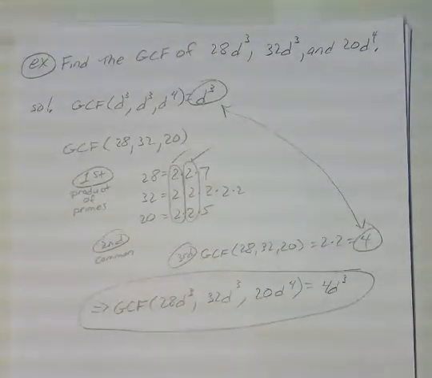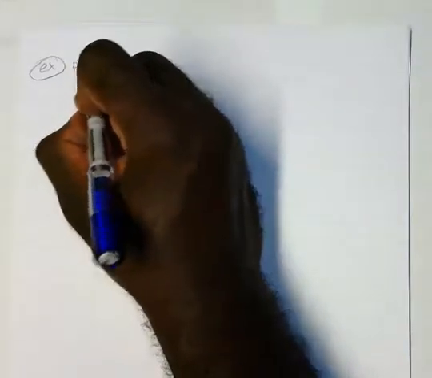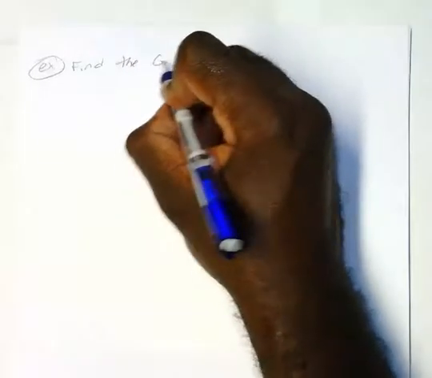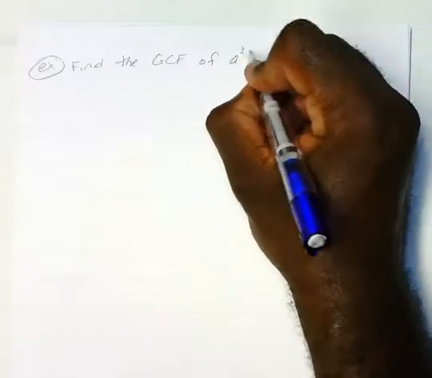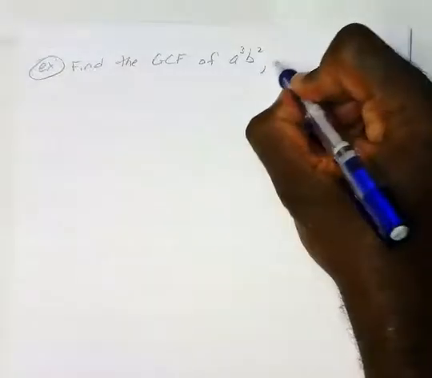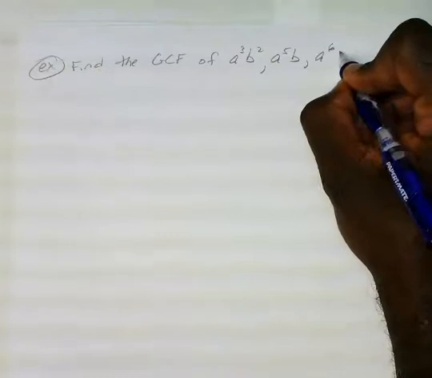All right, so we're going to go to one more example. There we're going to look at factoring polynomials, or the greatest common factor of polynomials. Okay, so let's say, for example, I want to find the greatest common factor of a to the third b squared, a to the fifth b, and a to the sixth b squared.